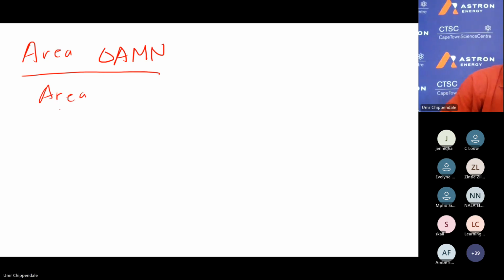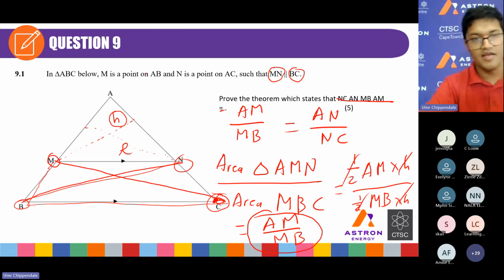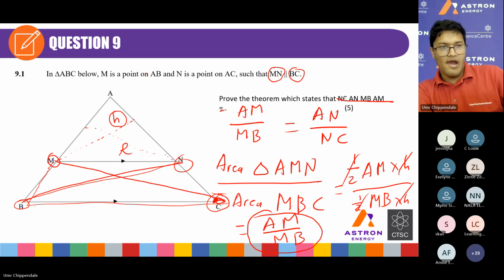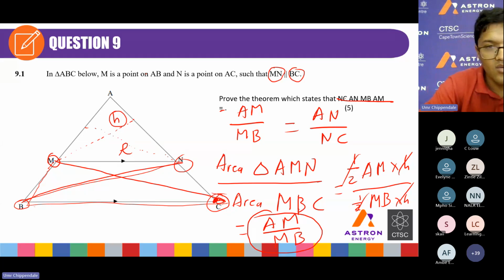Area of NBC is equal to, in this particular case, again half of the base. In this case it is AN, and in the other one it is NC, because you're breaking it apart like this now.